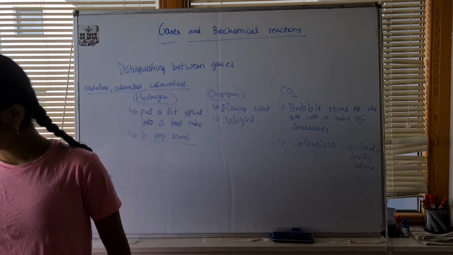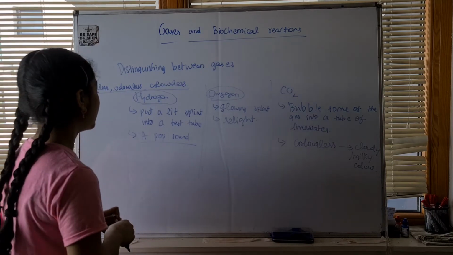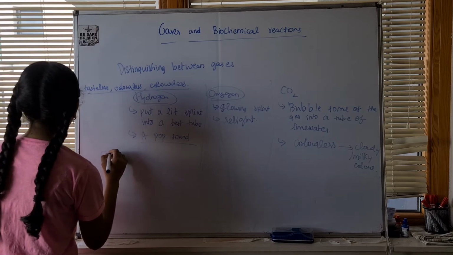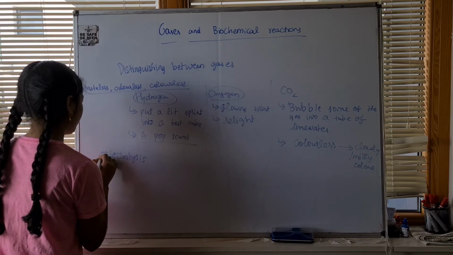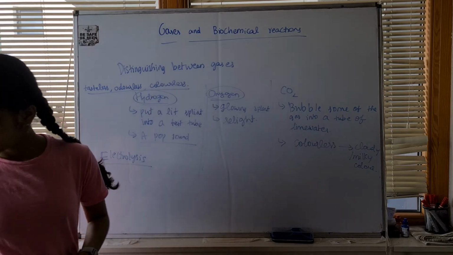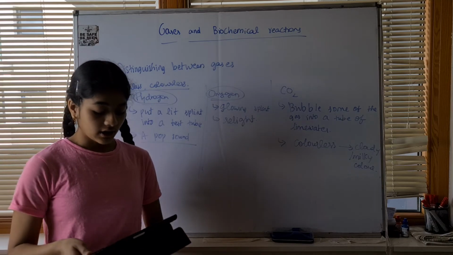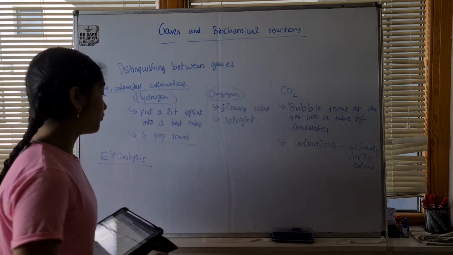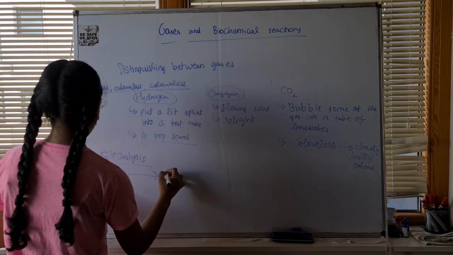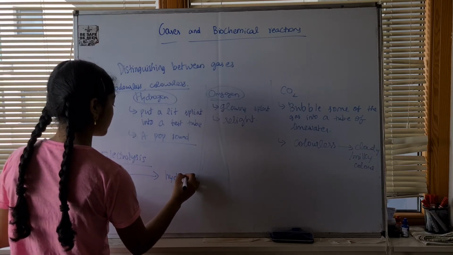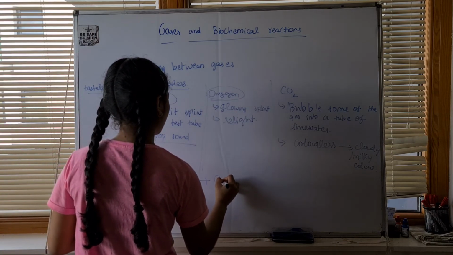So this is about gases and biochemical reactions, and there is lastly another technique, another method called electrolysis. What's electrolysis? Electrolysis is an industrial method of making hydrogen and oxygen gas from water. It's basically separation of water into hydrogen gas and oxygen gas.